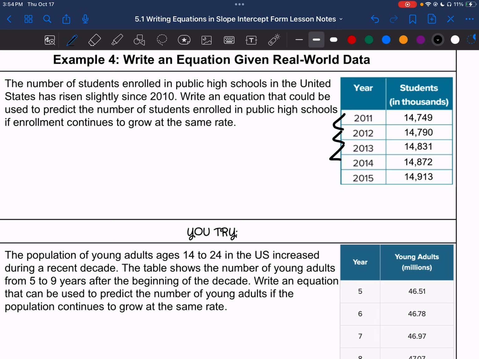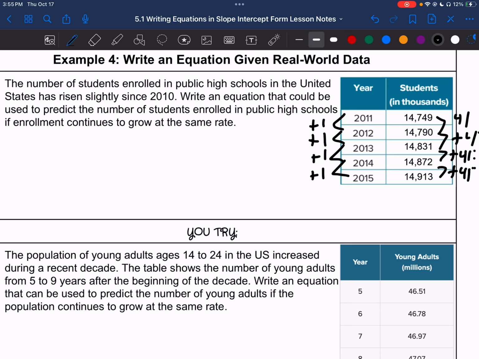Our x values are increasing by 1 every time. Our y values are going up by 41 every time. So we're adding 41 for each step we have. All right.